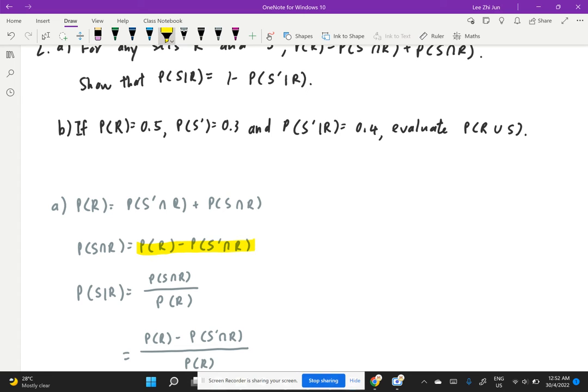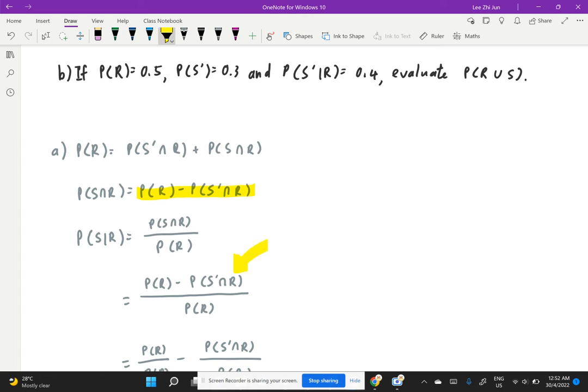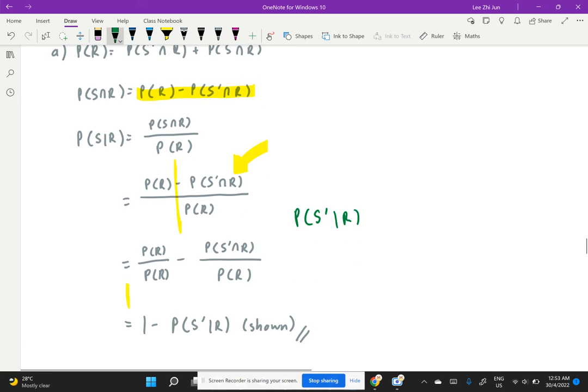So P(S given R) is P(S∩R) divided by P(R). Substituting this formula inside, P(R) minus P(S'∩R). So I separate it: P(R) divided by P(R) equals 1, and P(S'∩R) divided by P(R) will be P(S' given R). So shown.